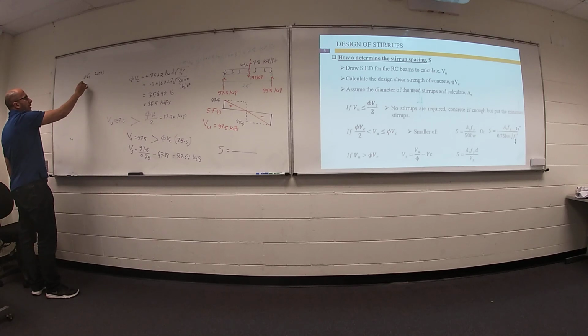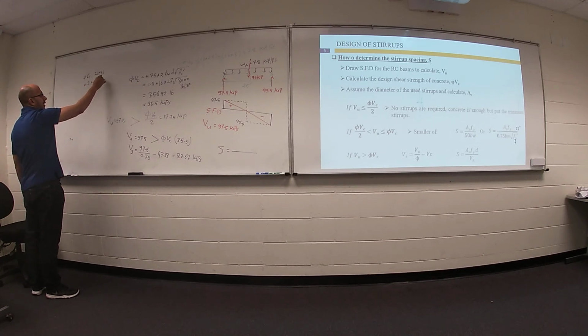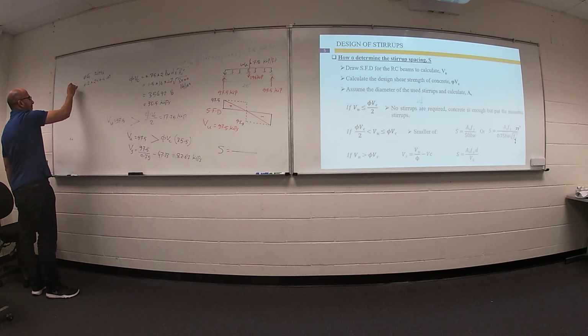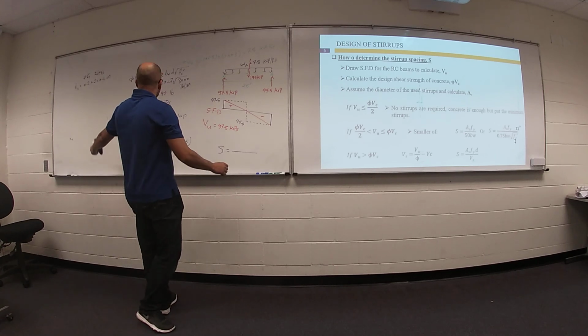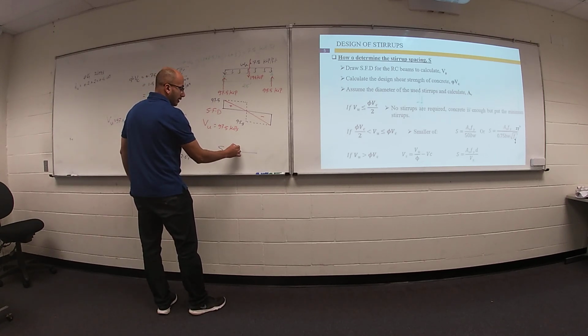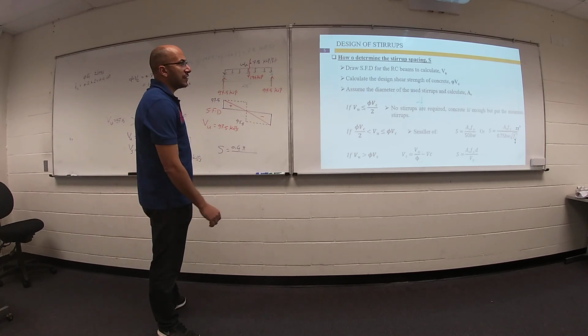So number 4 is 0.2, 2 legs, so 0.4 inch square, which is Av. That's right. So S equals Av, 0.4, times f yield.